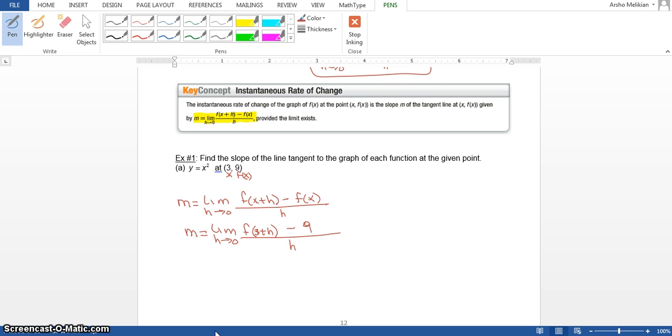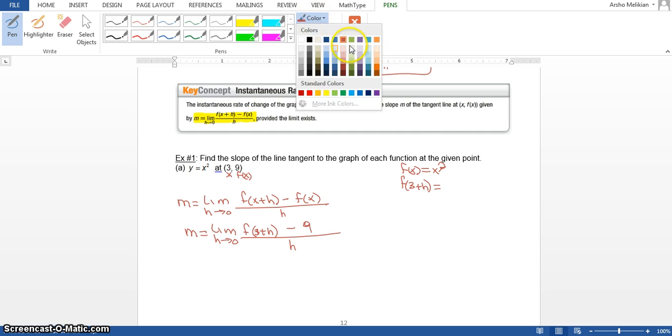So now I need to do some behind the scenes work. I know what f of x is. F of x is x squared. What's f of 3 plus h? We can do this from algebra. I remember we did it in the beginning of the year. So if this is f of x, f of 3 plus h is what we get when we plug this into x.